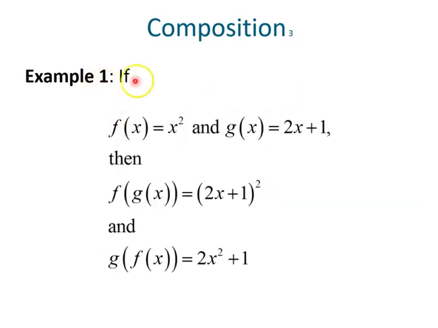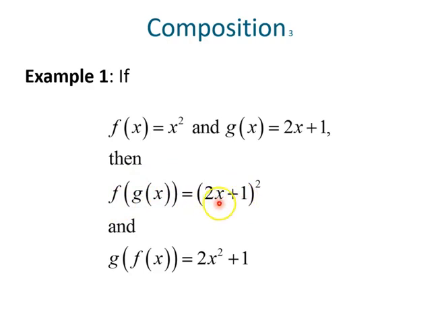In these examples, f and g are functions from R to R. f is defined with this formula and g is defined with this formula for any real number x. Then f∘g of x is apply first g and then f.